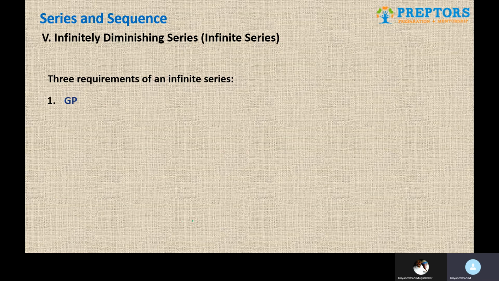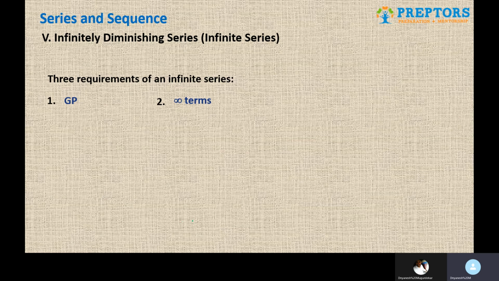The second criterion is the definition itself, that it should have an infinite number of terms. And the third and most important criterion is the value of r. Sometimes this is your hint that the question might be of the infinitely diminishing series.